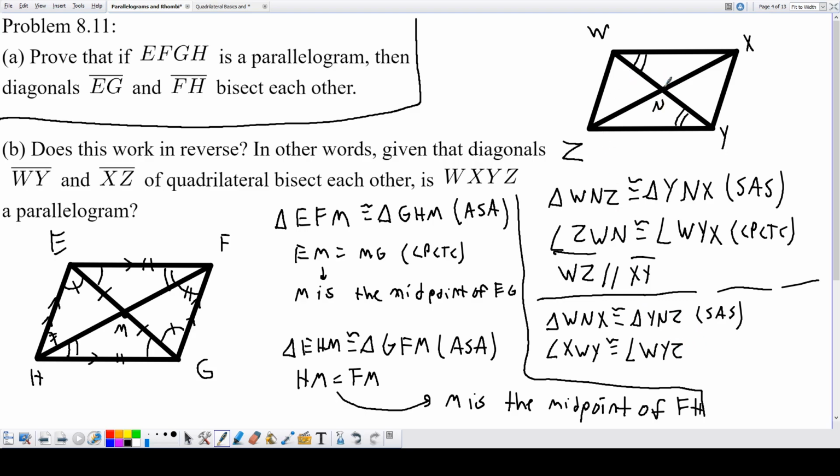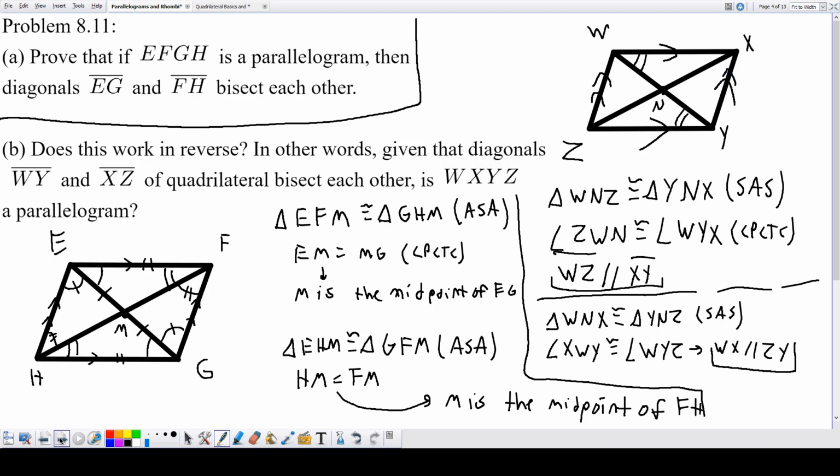And that means that WX is parallel to ZY. And now that we've shown that the opposite sides are parallel, we must have that this figure is a parallelogram by definition. WX is parallel to ZY, WZ is parallel to XY.